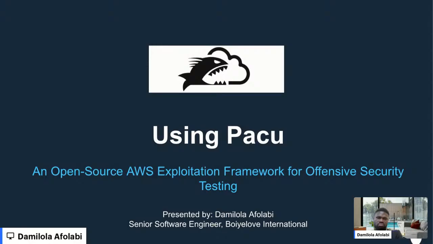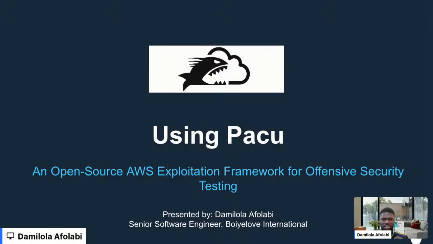So today's topic is using Pacu, an open source AWS exploitation framework for offensive security testing. Before we dive into that, imagine for a moment that you've built a powerful, sophisticated fortress in the cloud to house your company's most valuable assets, its data. You've used the best materials and the best architects, and you feel very secure.